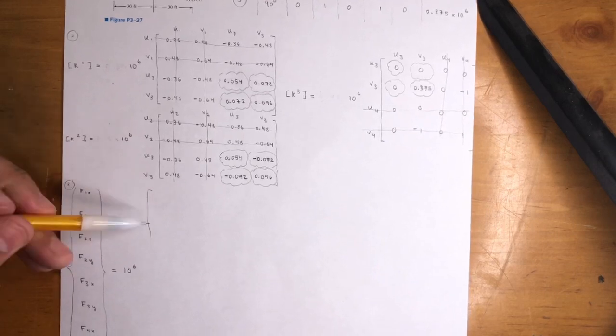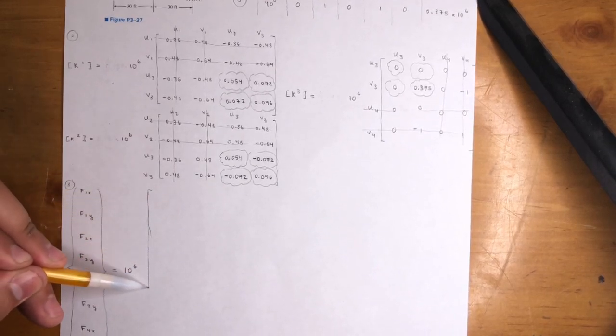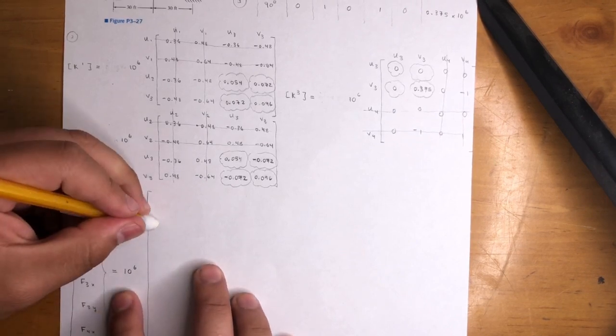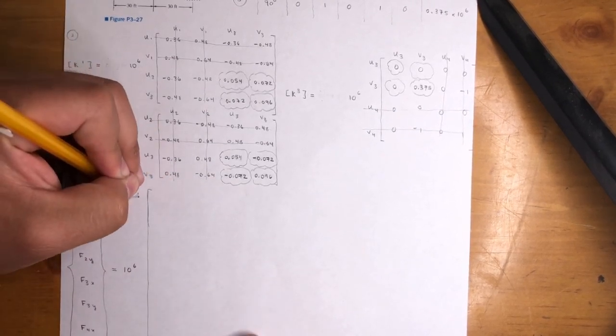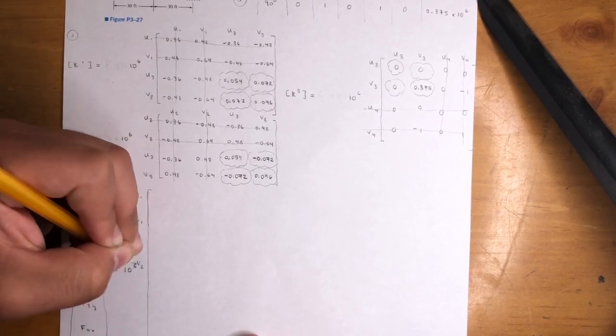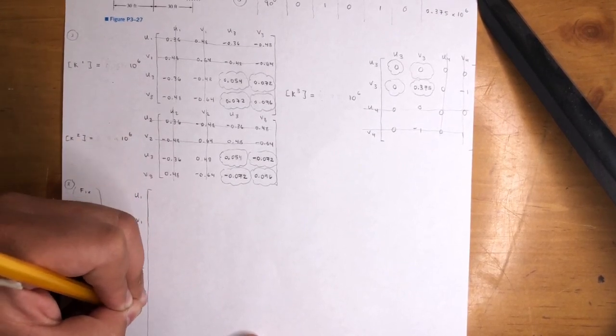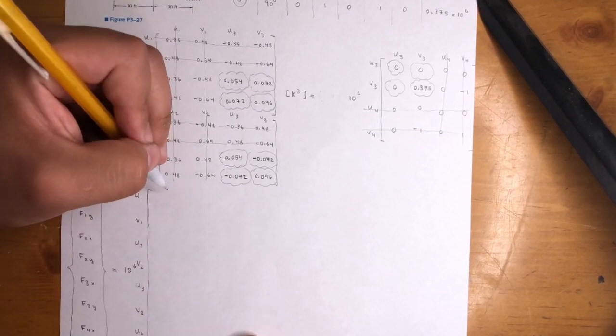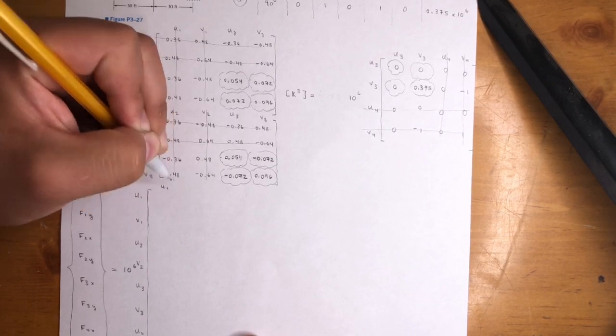It's gonna be a huge matrix. Okay, so you've got U1, V1, U2, V2, U3, V3, U4, V4, and then similarly all across.